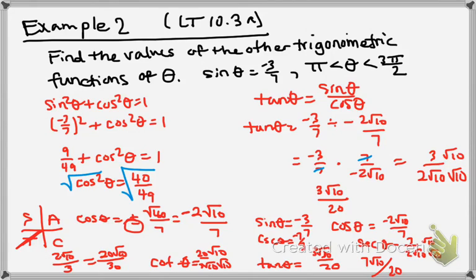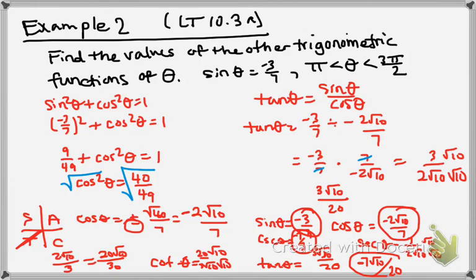And that's cotangent, it is in the third quadrant. So cotangent is positive. Tangent is also positive, just double checking my values. And then the other 4 are negative, which I do have. So I've got sine as negative 3/7. Cosecant is a negative 7/3. Cosine is negative 2 square roots of 10 over 7.